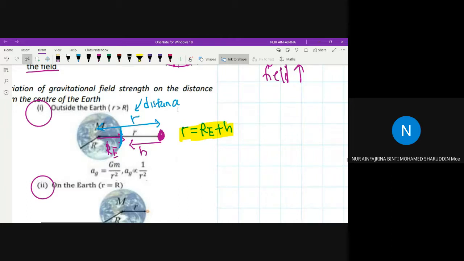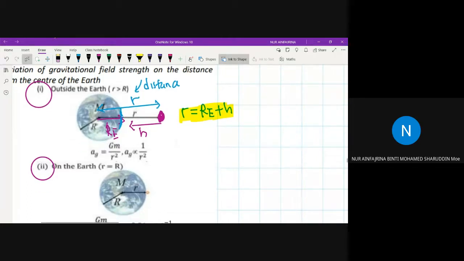If the object is on the earth, on the surface of the earth, meaning us humans, then actually its distance equals the radius of earth, because this is R, the distance. So the distance equals the radius of earth if the object is on the surface of the earth.